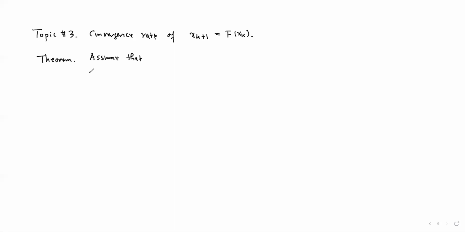Assume that the function F is in this set, where the index is q. This notation means capital F is defined on the whole real line, and also function F has derivatives from order 1 to order q, and all the derivatives are continuous.